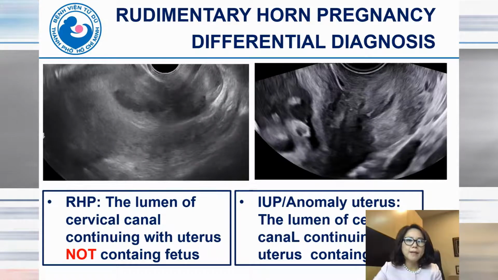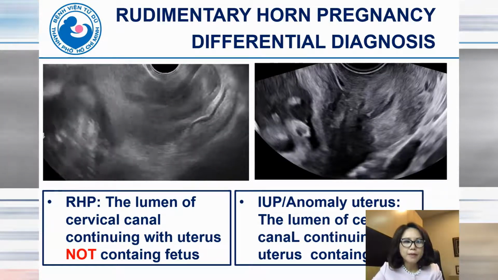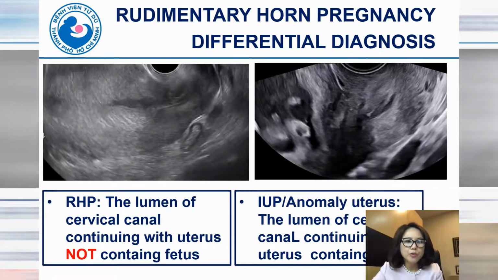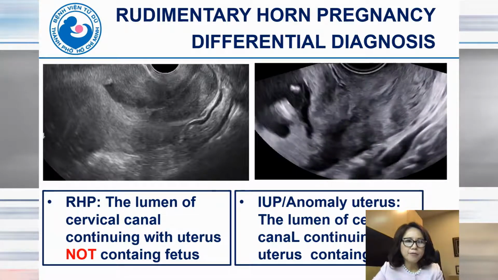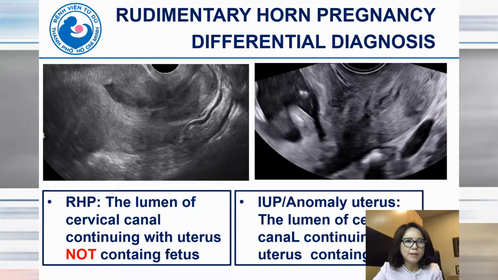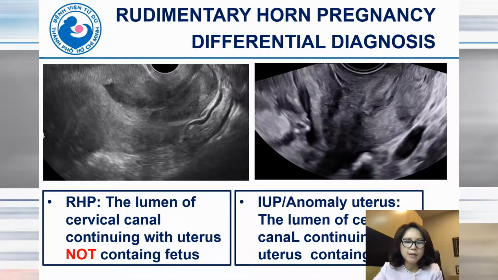To make the differential diagnosis, you need to check whether the lumen of the cervical canal is continuous with the uterus containing or not containing the fetus. This is a case of rudimentary horn pregnancy, and this is a case of intrauterine pregnancy in an anomalous uterus like a bicornuate uterus.